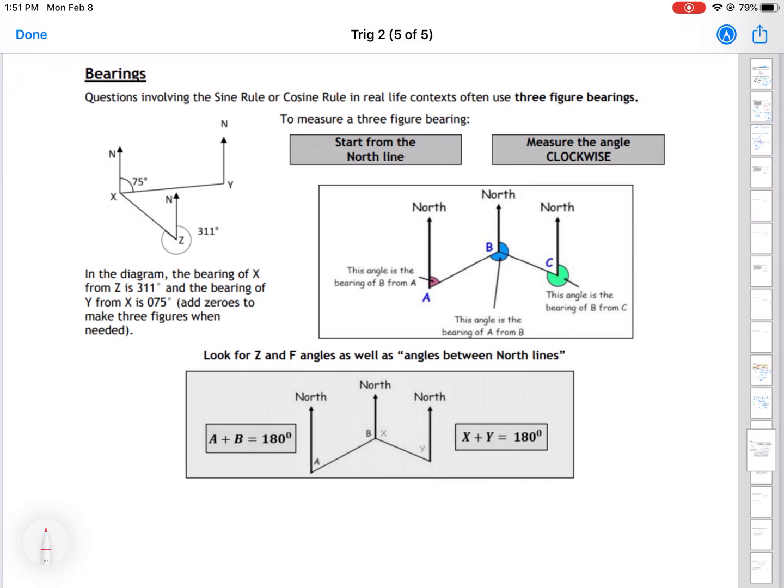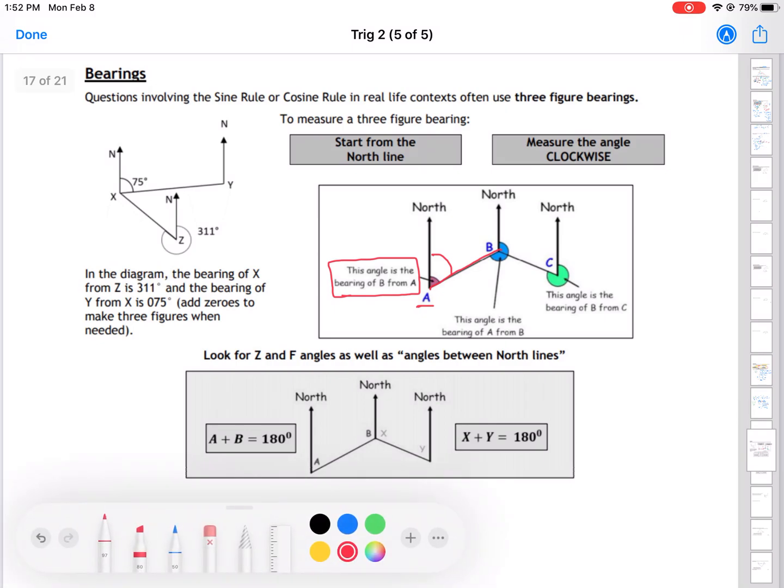So for A, the bearing A is going from north round to the line, okay? So it's the angle is the bearing of B from point A. So we're starting at point A down at the bottom of the north line. We're going along the line to point B, and the bearing tells us the angle from the north line to the line that joins A and B.